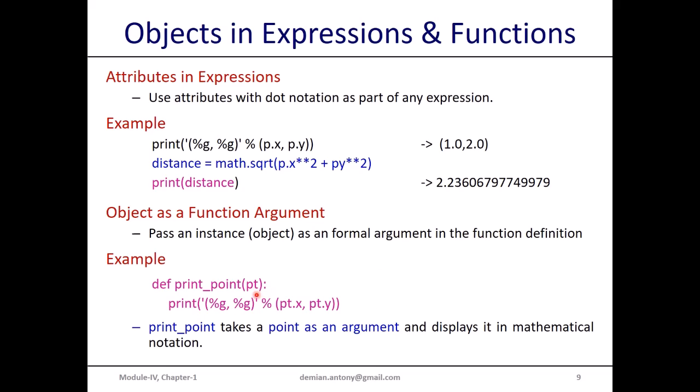This is how we can pass the object to a function, and this pt is the object variable which is found in the argument and which is to be used to access the individual attributes of the object.